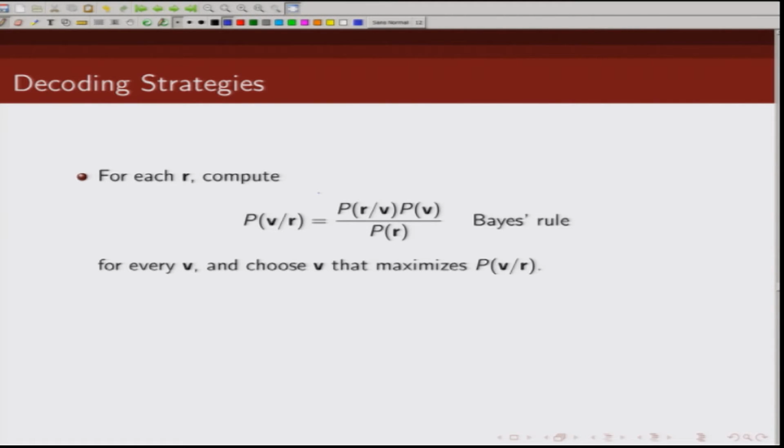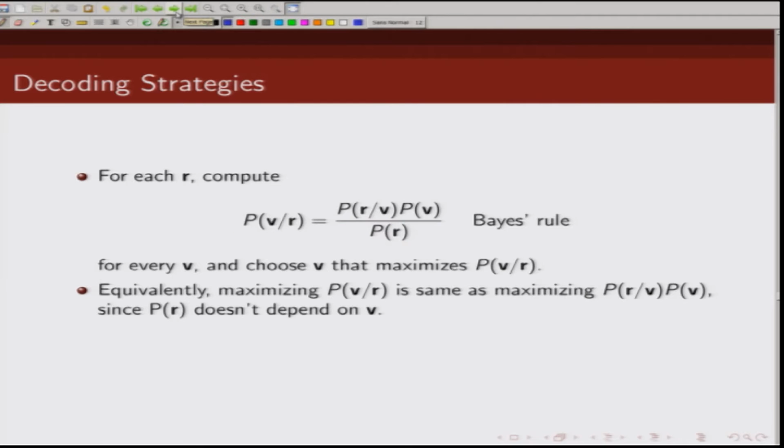Now, again the choice of v does not change the probability of R. So, maximizing this is nothing but maximizing the numerator, because the denominator does not depend on the choice of v.